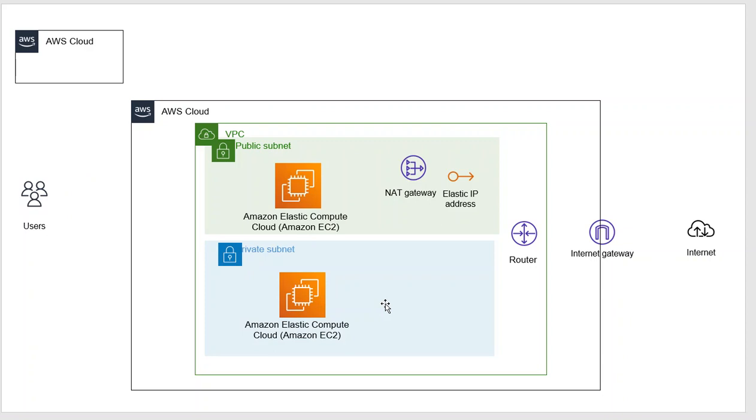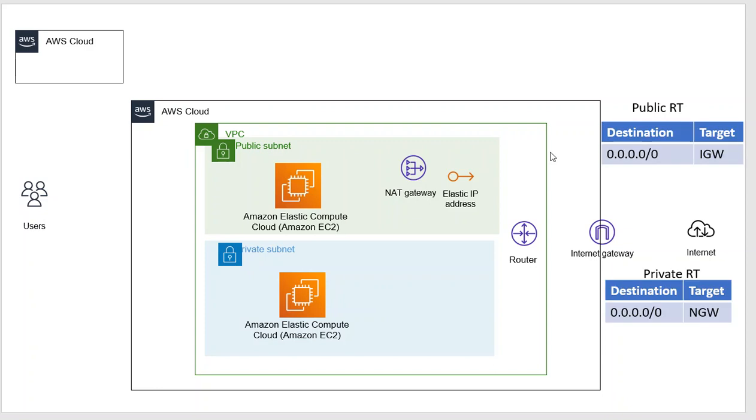And there is one more concept, routing tables. I will explain it now. I should define two routing tables for this router. Okay. So whenever traffic comes from the public subnet, 0.0.0.0, that means internet.